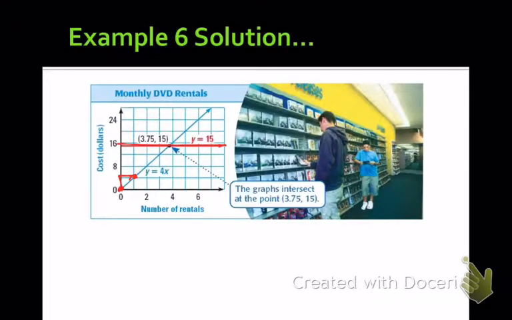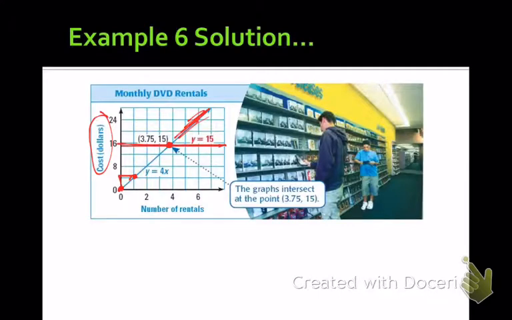So there's your line. Now where they meet is where the cost is going to be the same, right? Remember that y was our cost structure. It's how much we were going to have to pay. That's where they're going to be the same. So when does it make more sense to become an online member? When the cost becomes more for the store, which is this part right here.